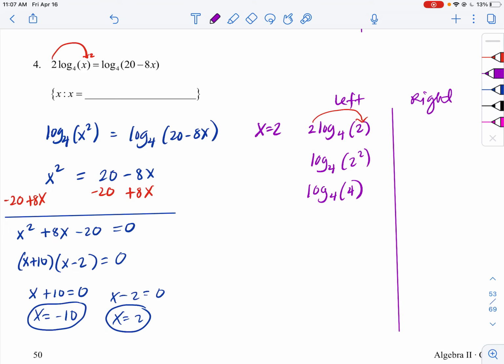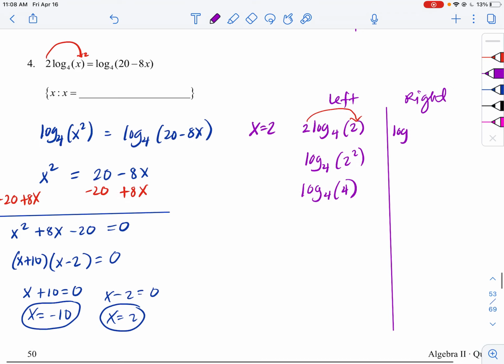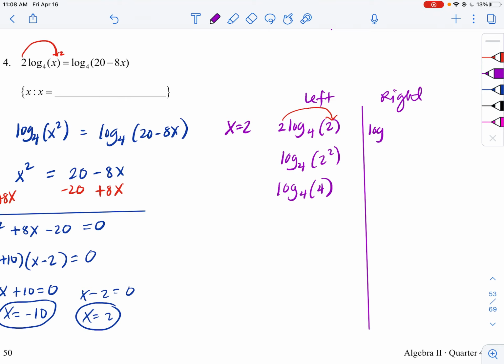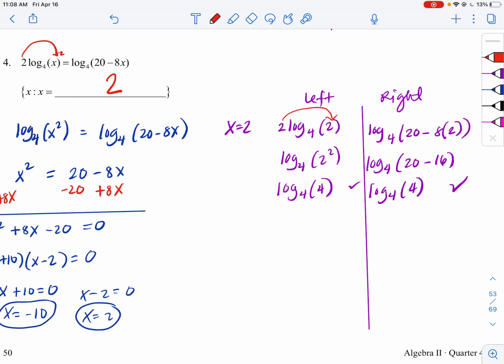Okay, what about the right? It's not a negative argument, so we'll need to check if the right side is equal. So log base 4 of 20 minus 8 times 2, log base 4 of 20 minus 16. Oh, yay, they're equal to each other. So 2 is an answer.